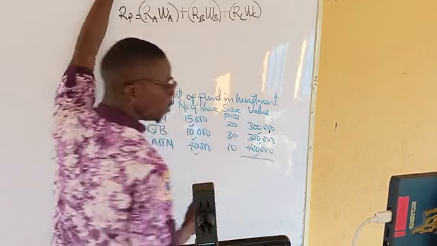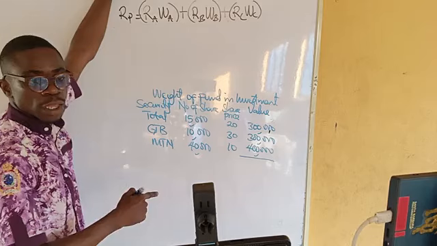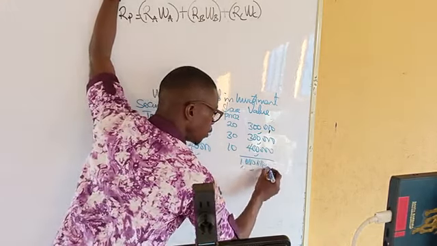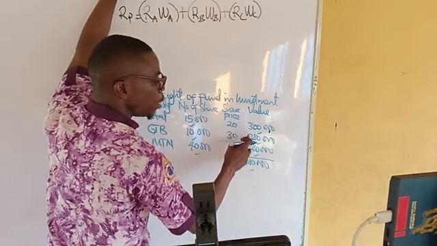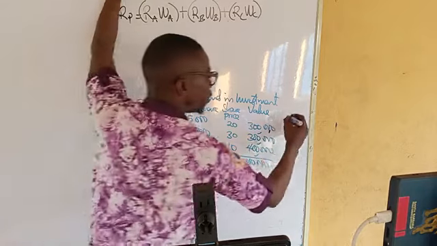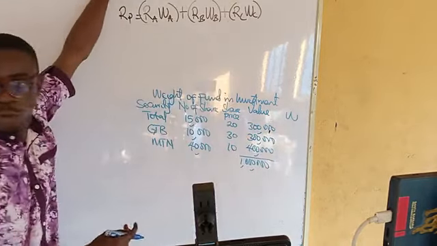So how much have they invested now? The value of their investment is 1 million, because 300 plus 300 is 600, plus 400. For you to get the weight now, it's very simple.